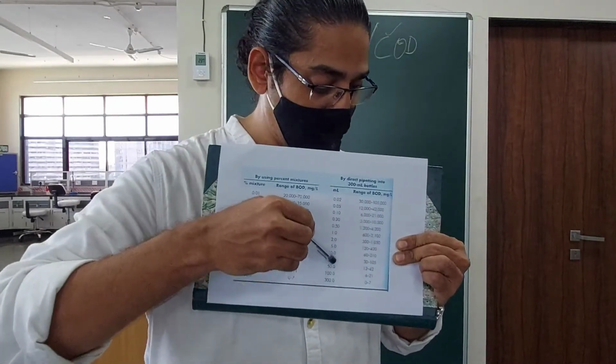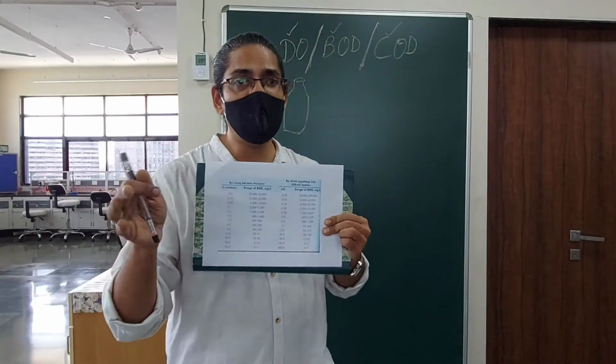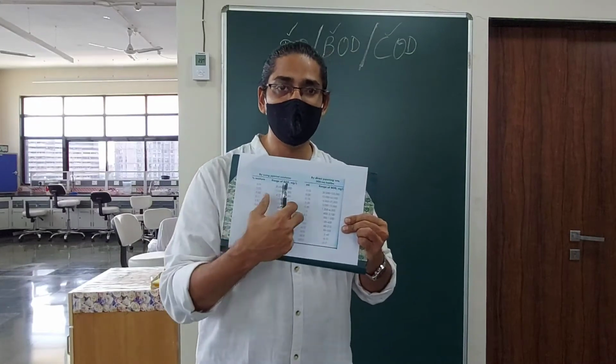Before you start processing. Dilution is needed so that the sample can be used in the bottle I showed you. The higher the BOD value, the higher the dilution factor, right? So if you have a fair estimate of the BOD value, you can straight away use the dilution factor from this chart.